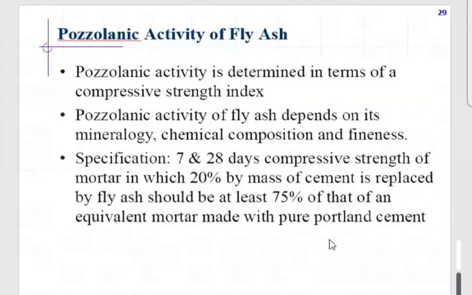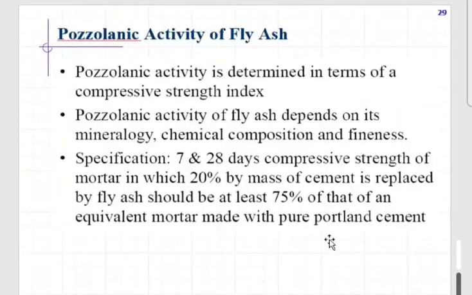Once you replace with fly ash, that mixture with the replacement should give at least 75% of the equivalent strength. It means if that mixture with fly ash is giving you about 75 megapascal, you can say that your fly ash is pozzolanic. Are we clear or not? Yes, sir.